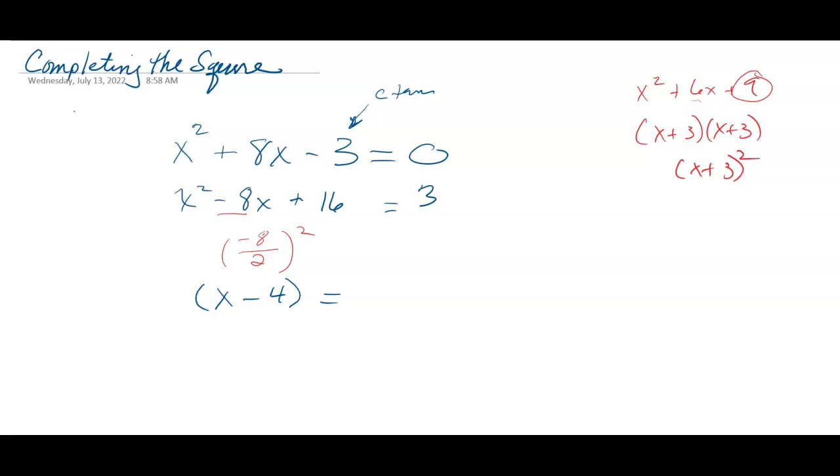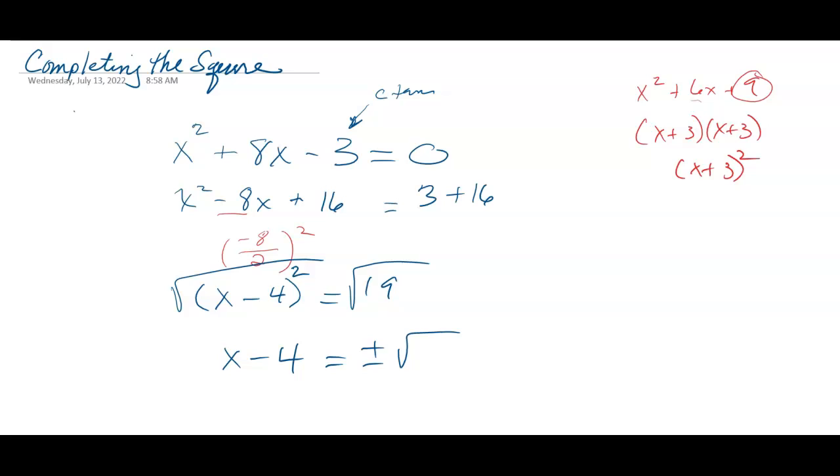Now, think about what we just did. We added 16 to the left-hand side. This is an equation that always must remain equal. So you're going to add 16 to the right-hand side. 16, so that now becomes a 19. Because we have this perfect square, x minus 4 squared equals 19, we can then go ahead and take the square root of both sides, which just leaves us with x minus 4.